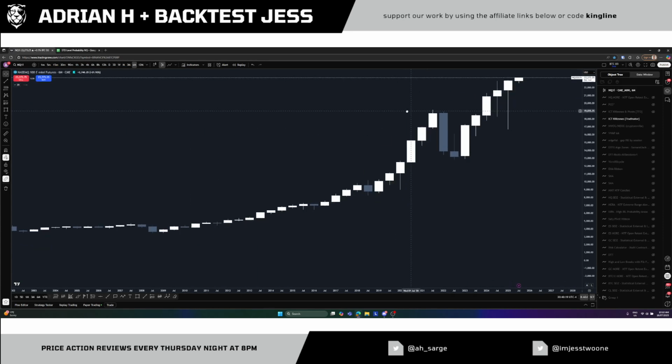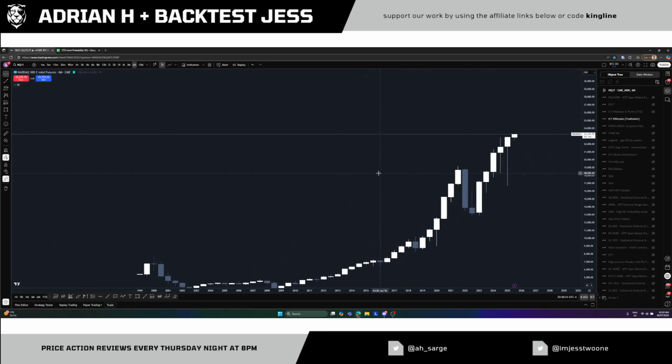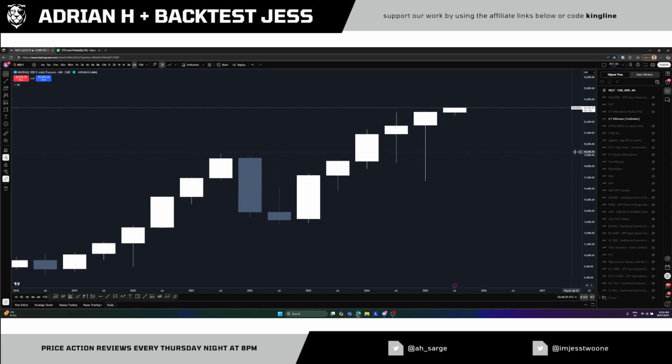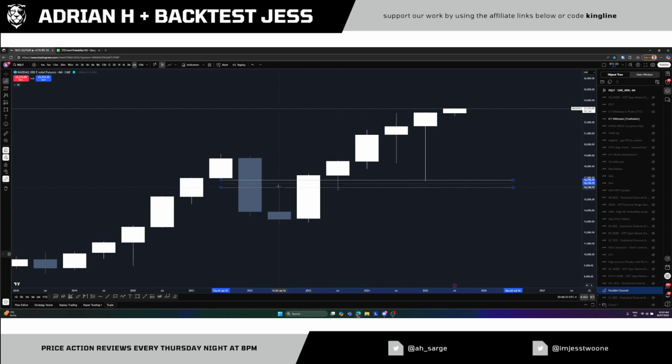So we step down to the 6 monthly. We'll zoom in a little bit here. We were watching our inverted SIBI here, which is our fair value gap here that caused this manipulation swing, and for that to flip as support.